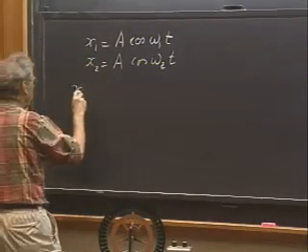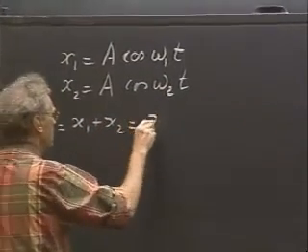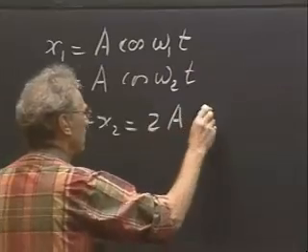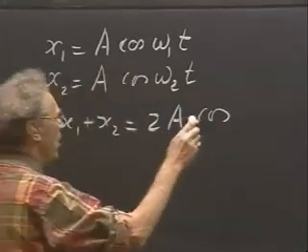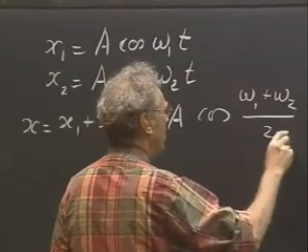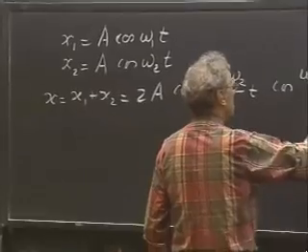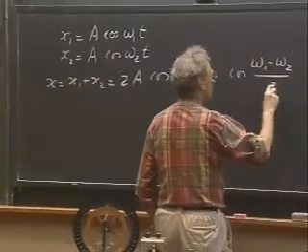If you sum them, x1 plus x2, you get 2A times the cosine of half the sum, omega 1 plus omega 2 divided by 2 times t, times the cosine of half the difference.